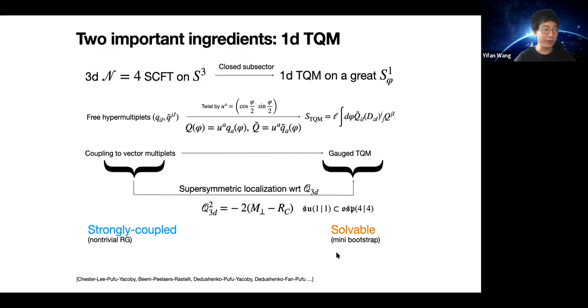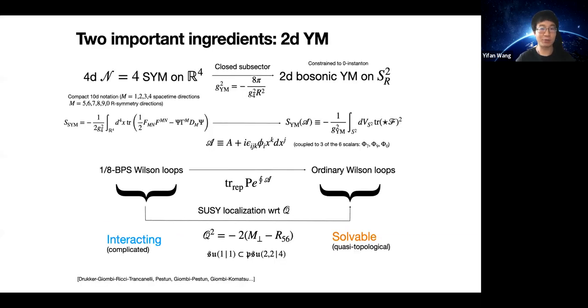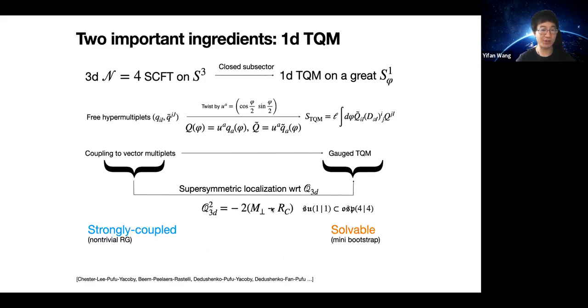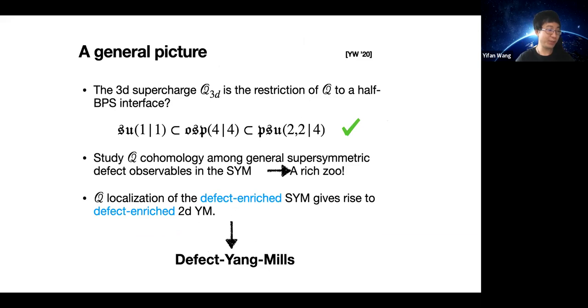And you may have already noticed the similarity in the localization story between the 3D-1D story and the 4D-2D story. The supercharge used has a very similar structure. So one can naturally ask, can these two pictures be combined into one setup? The answer is yes.